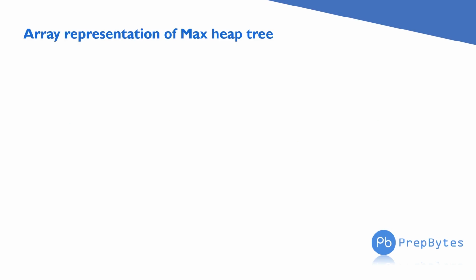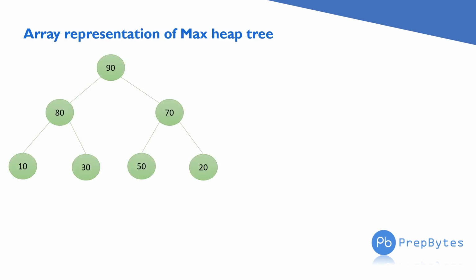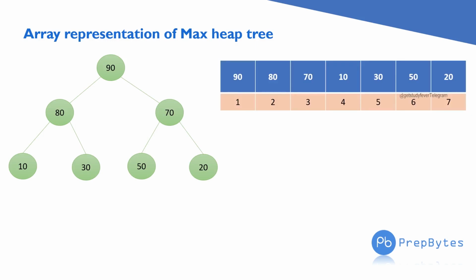So these are the examples of min heap and max heap trees. Next we will be seeing the array representation of a max heap tree. This is my max heap tree that we have seen just now. So what will be the array representation for this? Here we can see that 90 is first, then its children 80 and 70 are next, then their children 10, 30 and 50, 20.